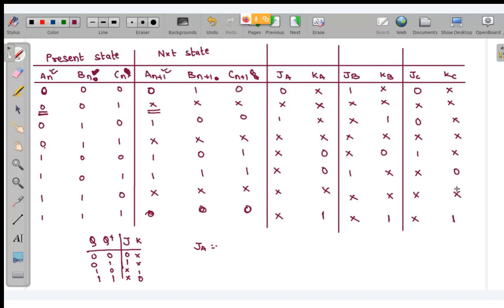Okay, so you are telling me JA is BN and KA is CN. Anyone tell me what is JB, KB?